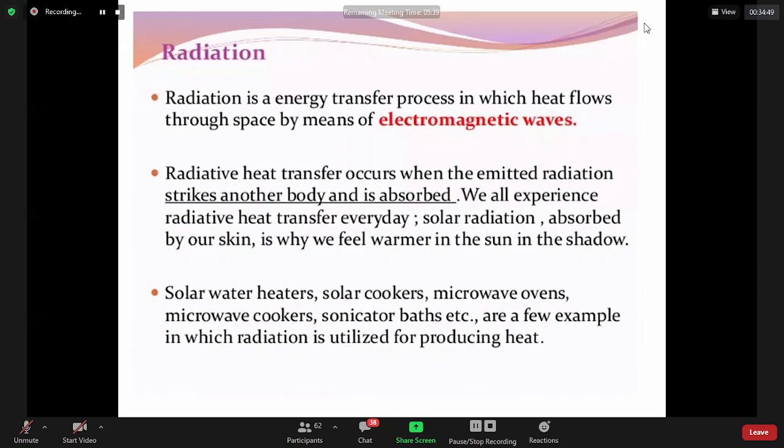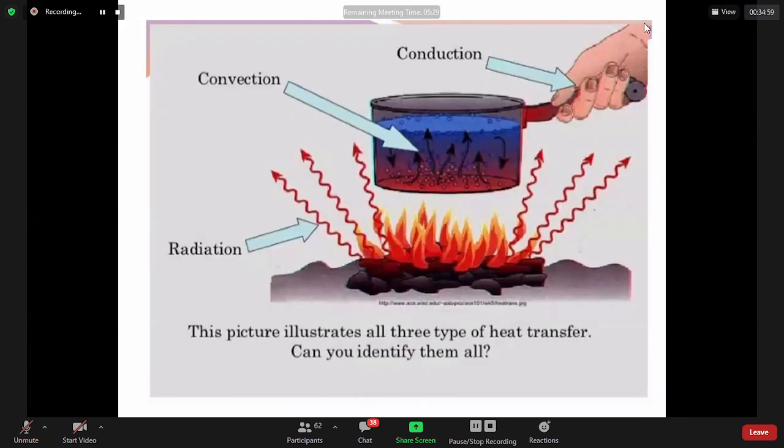And most of these are actually found in the production of pharmaceutical products. Here, this is a picture which illustrates the three types of heat transfer. It's not our first time to encounter this, but you can see where radiation, convection, and conduction are actually met.